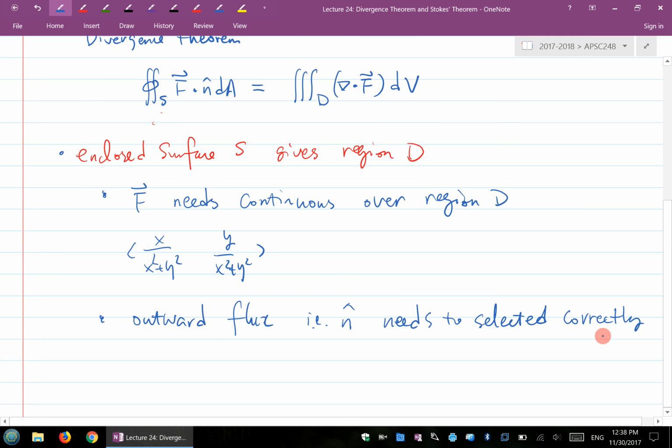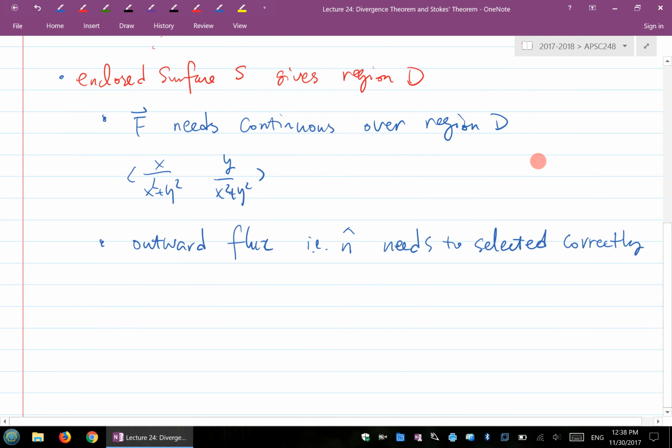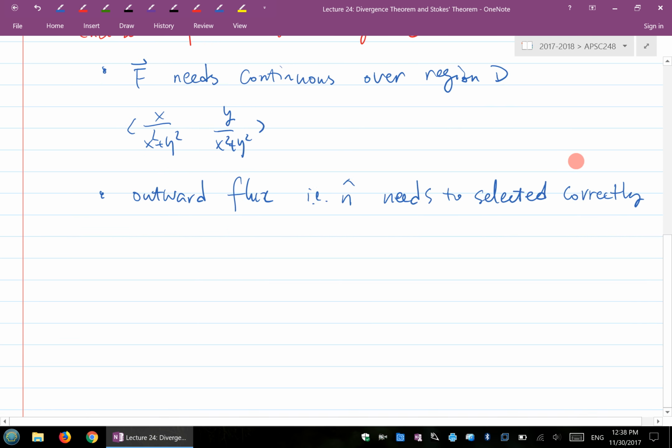Okay, so let's take a look at one example here. I'll probably show you a little bit more examples, but I think we have time. Let's look at one example. Here is the vector field.